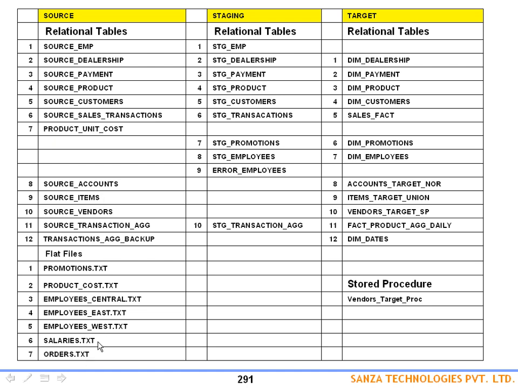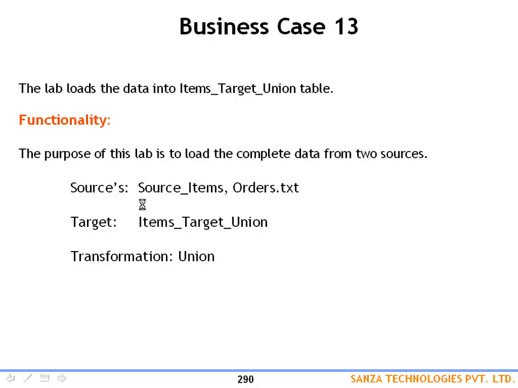We need to load data into items target union, the table in the TGT database. We kept it like that, no staging and all that stuff, to explain the union transformation. For that purpose only we incorporated this example. So I have 2 sources, source items and orders.txt. I need to load the data into items target union.